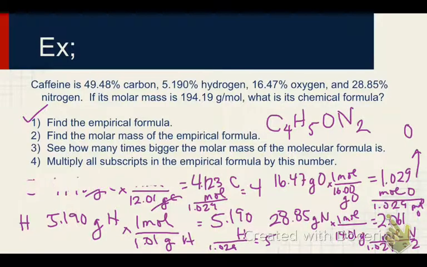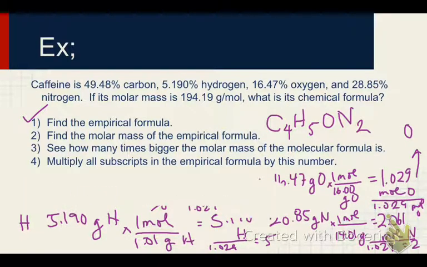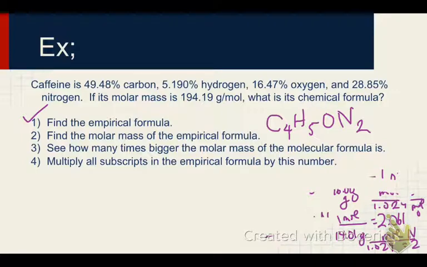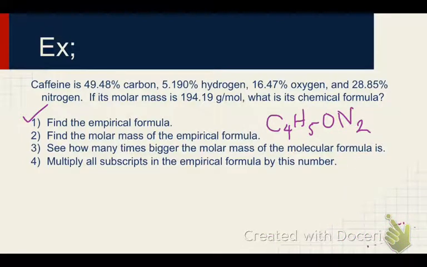So next what I'm going to do is find the molar mass, it says, of my empirical formula. So you do that just like you would any molar mass by adding up all of the molar masses of the elements and getting a total.